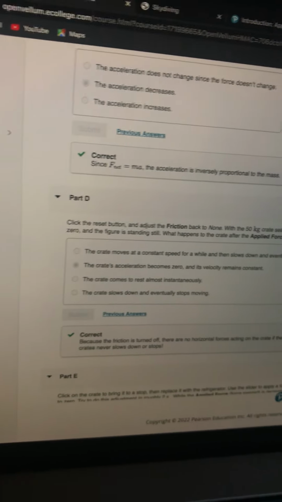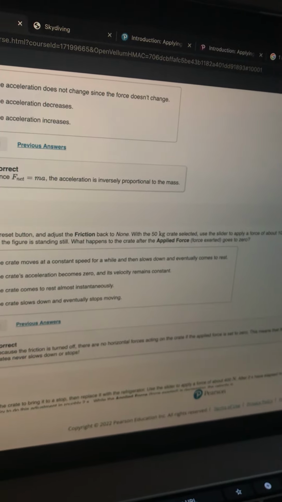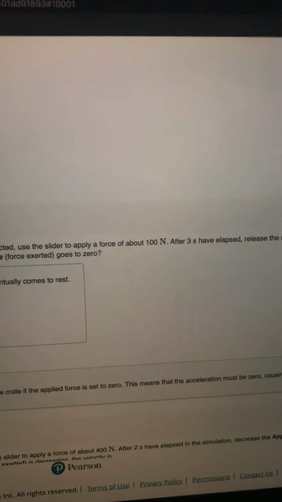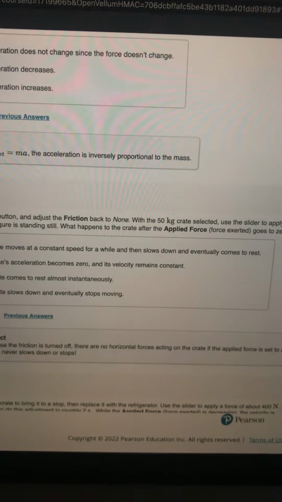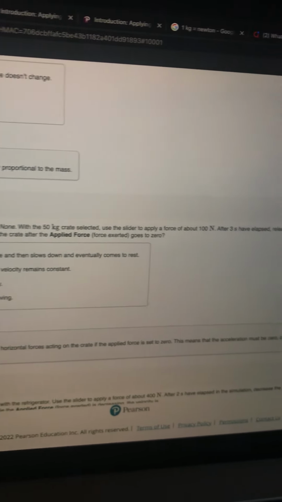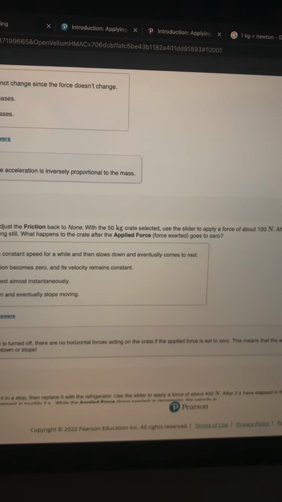Part D. Okay, let's see. Hold on, I can barely see that. Okay, we're in D. So 50 kilograms and 100 newtons. What happens to the crate after the applied force goes to 0?